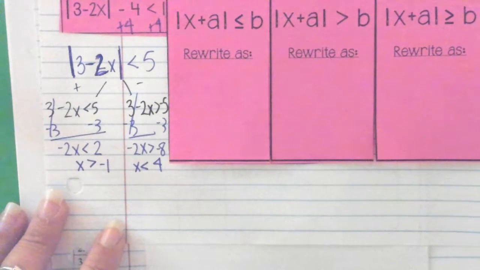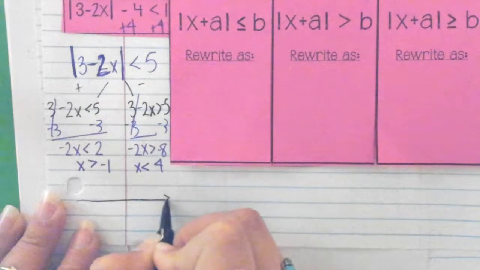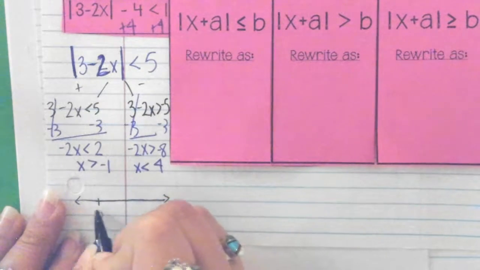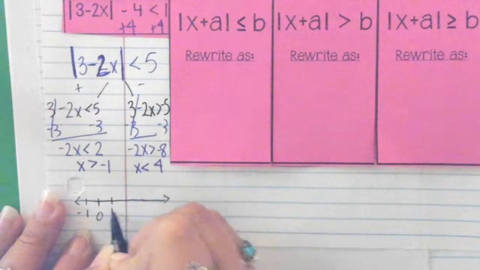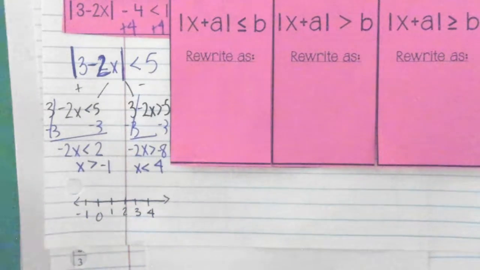Now, are we done? No. What do we always have to do on inequalities? And why do we graph? Look at you guys go. Take a point. Look how much smoother class goes when y'all actually answer me. Isn't it lovely?